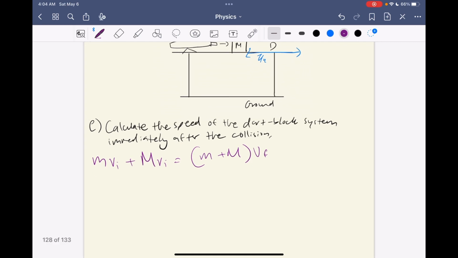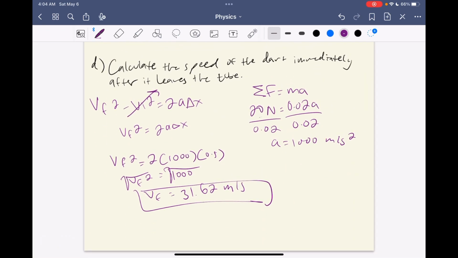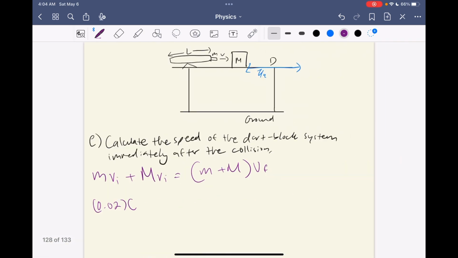So we know that the mass of the dart is 0.02 kilograms, and we found earlier that the initial velocity of the dart is 31.62. And we can add it to the momentum of the block.